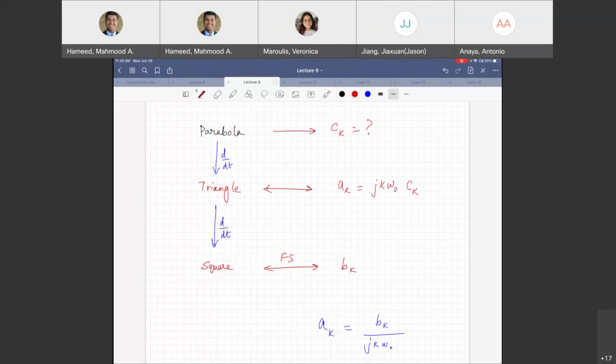And when you differentiated it twice, this became j k omega naught squared ck, right? You guys see that? Now, when you want to go back, you divide it once, you divide it twice. So this would be what? c k squared. You guys okay with that?